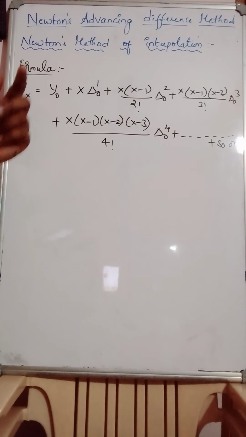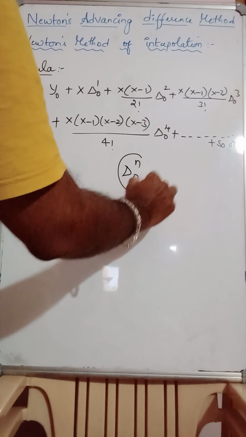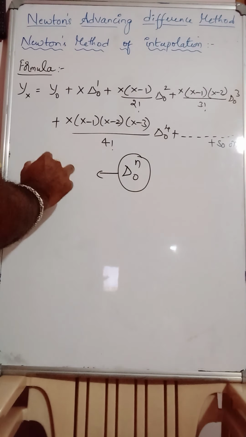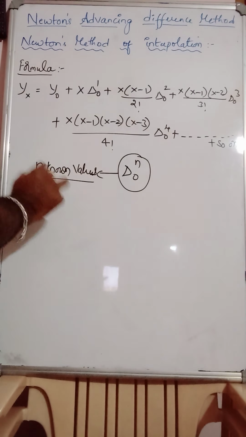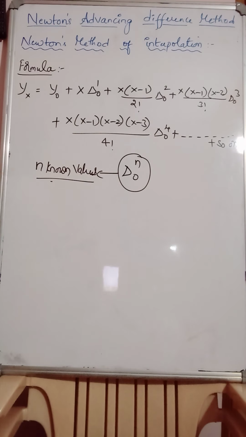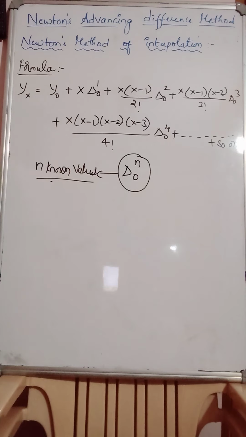So depending upon the number of known values, those many terms we will get, remember. If n values of y are known, then up to delta naught n, which is the nth leading difference, we should calculate. You understand? Depending upon the number of known values, till that delta naught n we have to do the leading difference. Are you clear, guys?